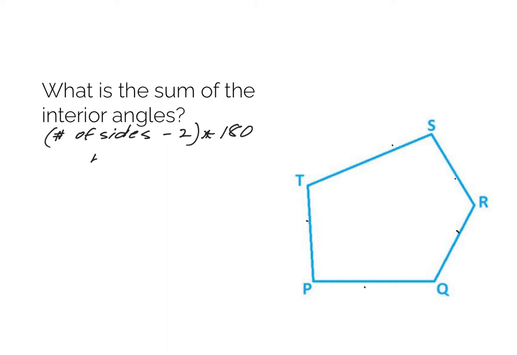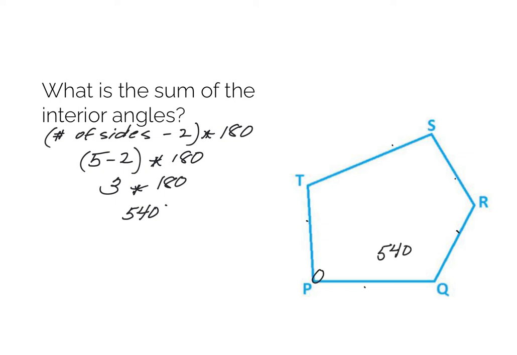So if the number of sides is 5, we're going to subtract 2 and then multiply it times 180. 3 times 180 would give you 540 degrees. The sum of the interior angles of this 5-sided shape is 540.